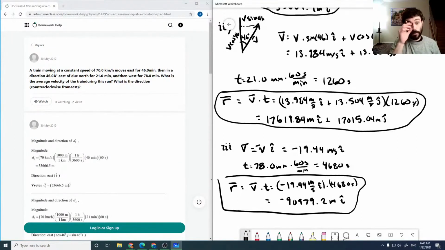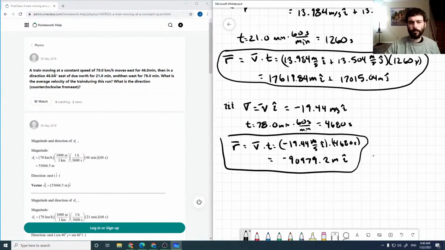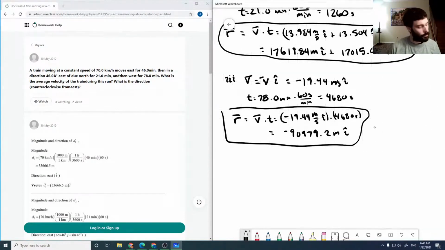So what is the average velocity and direction counterclockwise from east? So I guess it's looking for an angle. So our total displacement is each of our individual displacements summed.